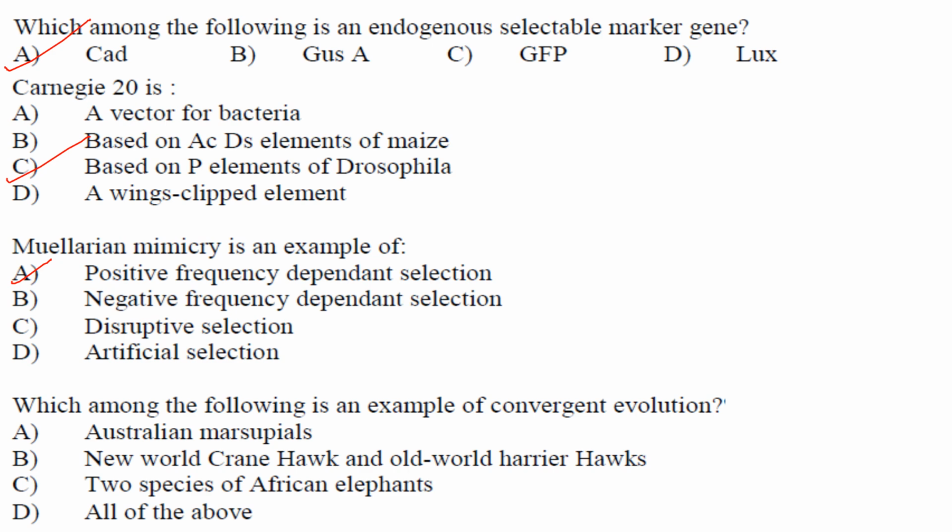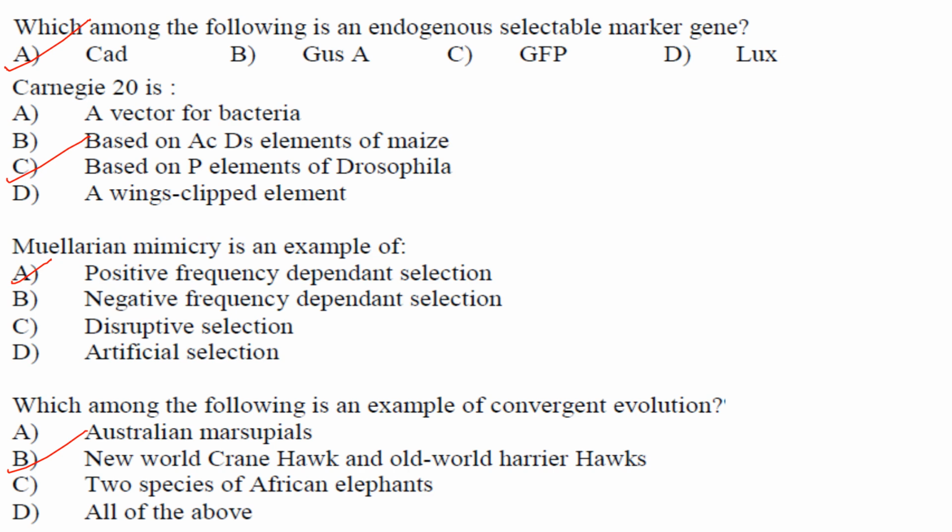Then next one. Which among the following is an example of convergent evolution? New World crane hawk and Old World harrier hawks. That is the example. What is convergent evolution? Where organisms that are not closely related evolve similar traits or behaviors.